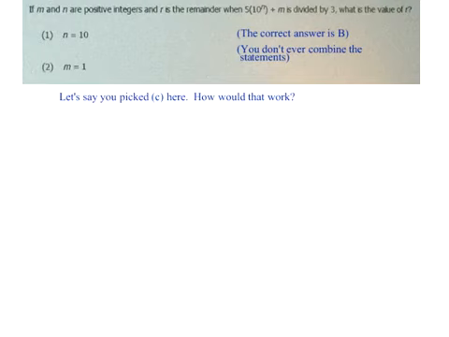What we're getting at here is that you should look at this problem and already know that it's not going to be C, and we're going to talk about why. So if you pick C here, here's how that would work. You'd have a value for M and a value for N. In other words, you're just given everything. You're just handed everything in the problem.